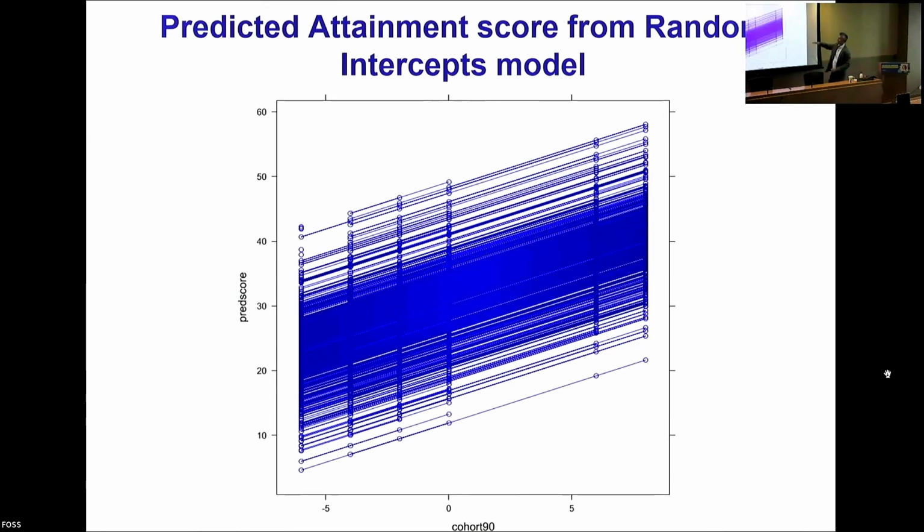So from the R script, we can get this kind of random intercepts figure. It gives us some idea that the effect of cohort on exam test scores increases as cohort increases, but of course it's the same increase for every single school.